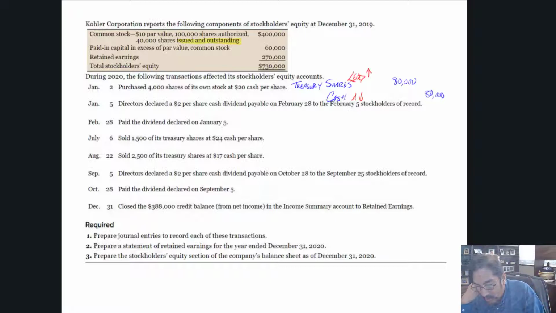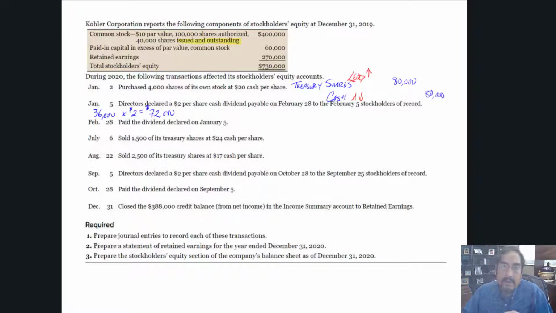So there was 40,000 outstanding at the beginning of the year, we bought back 4,000 of them, so there's only 36,000 shares outstanding. So we're going to pay a $72,000 dividend. That's $2 for every outstanding share.